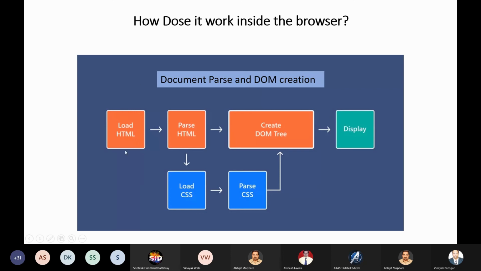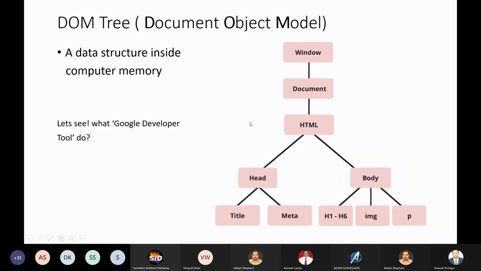We will not go into the detail now, but in the next part of this course, JavaScript, this DOM tree is very essential to understand when we are working with jQuery or JavaScript. In that session you will understand it in a little more detail, but right now don't bother if you don't understand it.